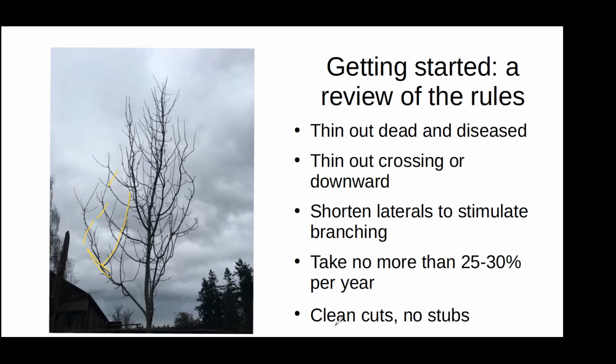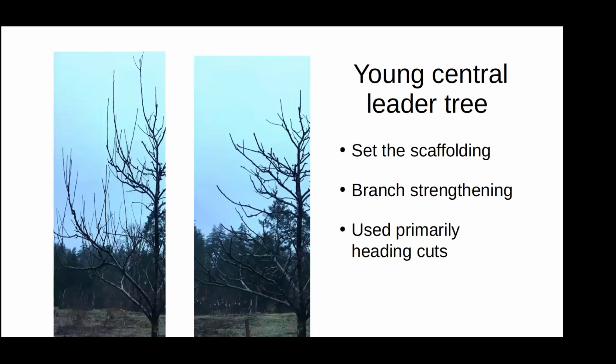Okie dokie. Let's clear the drawings and move forward. I want to highlight this young tree. This is an example of a northern spy, actually. And here's a before and after of what pruning a young tree could look like.